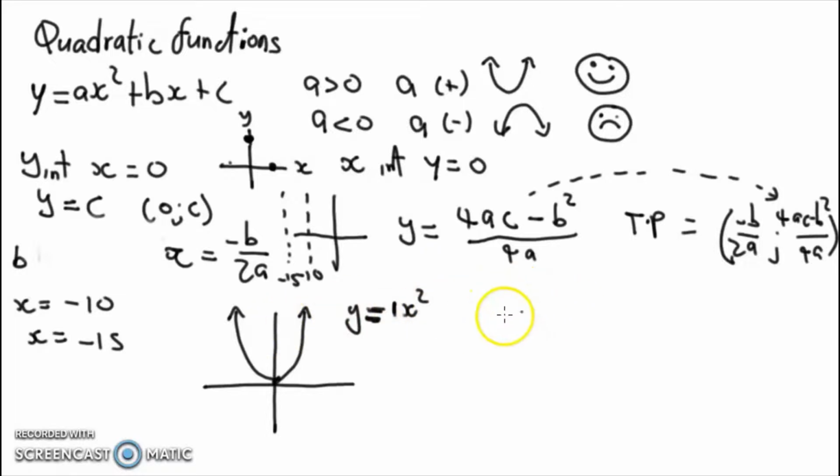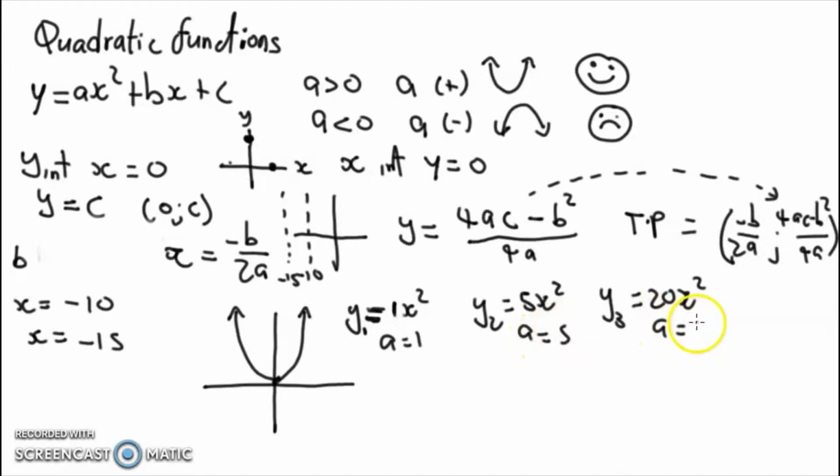So what happens when we now increase a? Let's call this the function y sub 1, and then let's have another function here, 5x squared, and then let's have another function, say 20x squared. So here a is equal to 1, a is equal to 5, and a is equal to 20. So what happens when a increases?